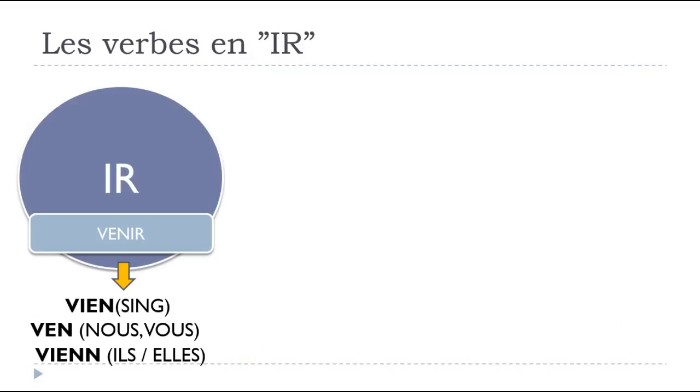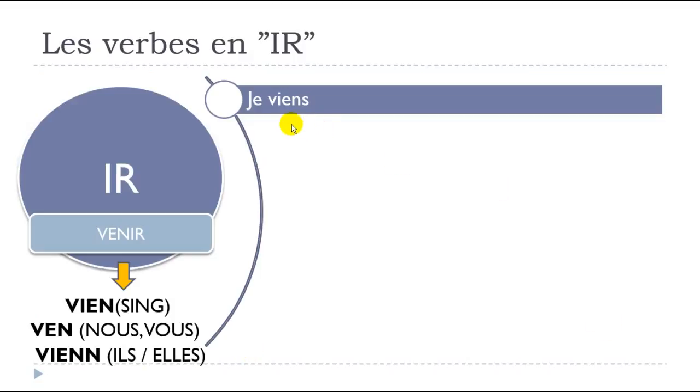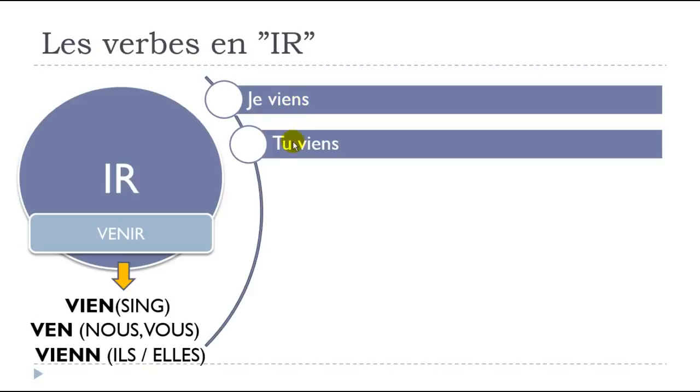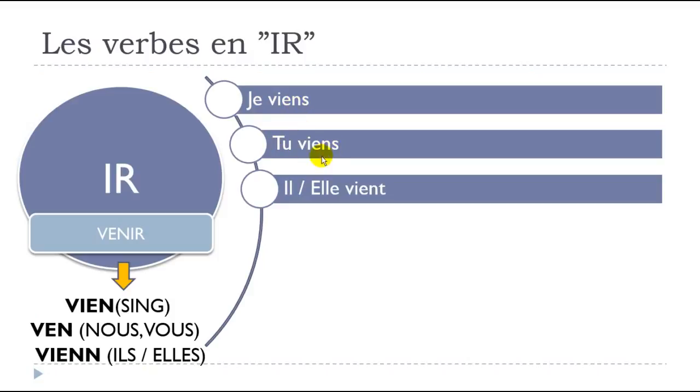So let's see how it goes. Je viens, tu viens, il vient, elle vient. Okay, so we do agree that we respect the rule: you take this VIEN and then you put it right here, and after that you will put the ending. Then think about what we saw, nous and vous, they're coming right now. We should use this VEN stem.